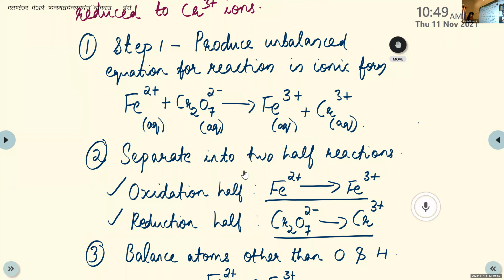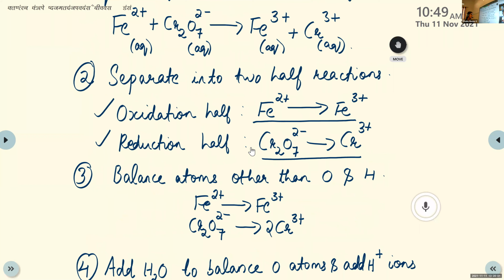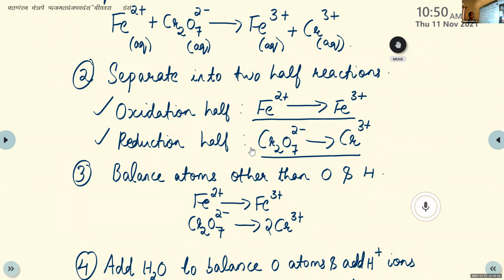to Cr3+. Then in the third step, we have to balance the atoms other than oxygen and hydrogen. So Fe and chromium are the atoms present in this chemical equation other than oxygen and hydrogen. So you look at the first equation, Fe2+ is converted to Fe3+. Here both sides have only one Fe, right?